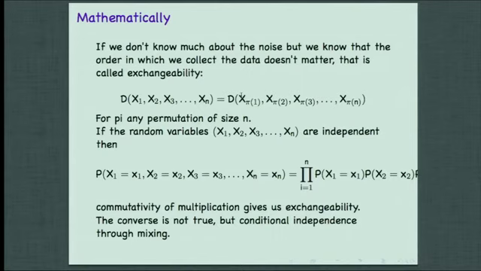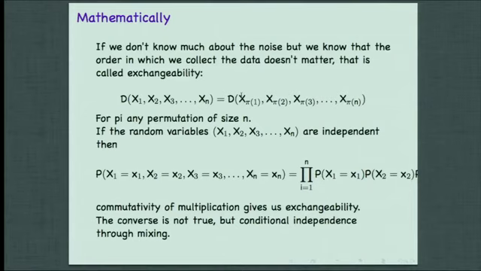For any n, if the joint distribution of x1 through xn is equal to the joint distribution of any permutation, that is, you can move them around, then we say that it's exchangeable. There are finite versions of the theorem, but originally it was for any string.